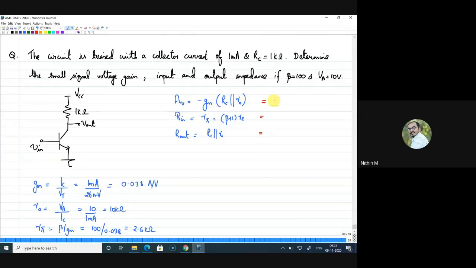Very good. Gain is actually a dimensionless quantity, but we will write it as V per V, meaning volts per volt. What is voltage gain? V out by V in. So we can write the unit as V per V, which is again a dimensionless quantity. Yeah, that is right.